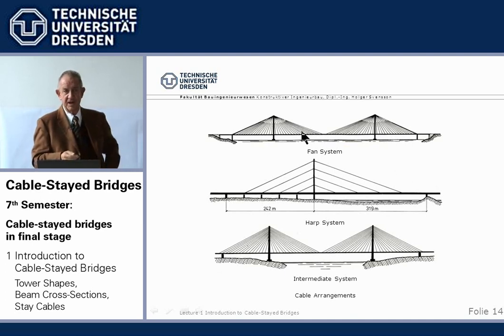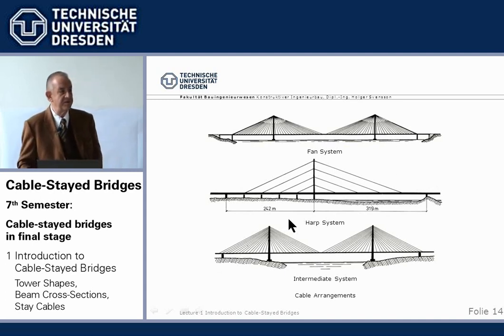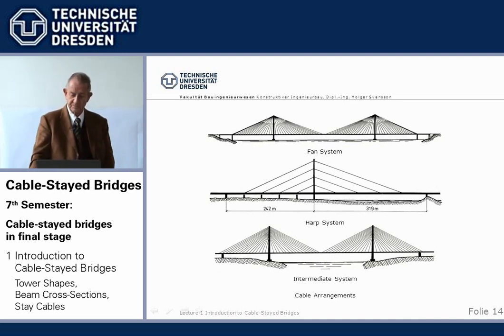It's sometimes in English also called radial, which is similar, but we stick to the word fan system, Fächer. And the other basic system is where all stays run parallel to one another, and we call that a harp system. You know what a harp is, a Harfe. Those are the two basic systems.